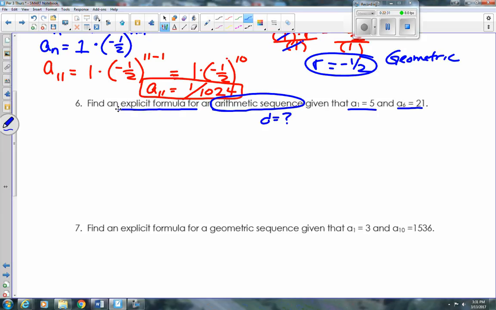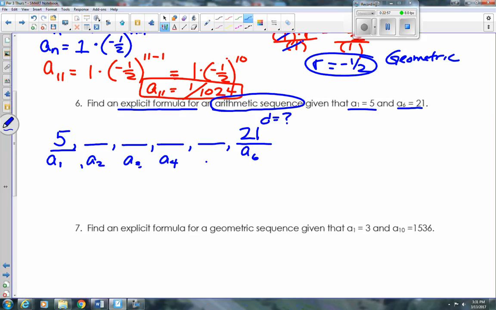If I have a starting number 5, and then I have a second number, and a third, fourth, fifth, and a sixth number, my sixth number is 21. My first number, or a1, is 5. That's followed by a2, a3, a4, a5, and then a6.